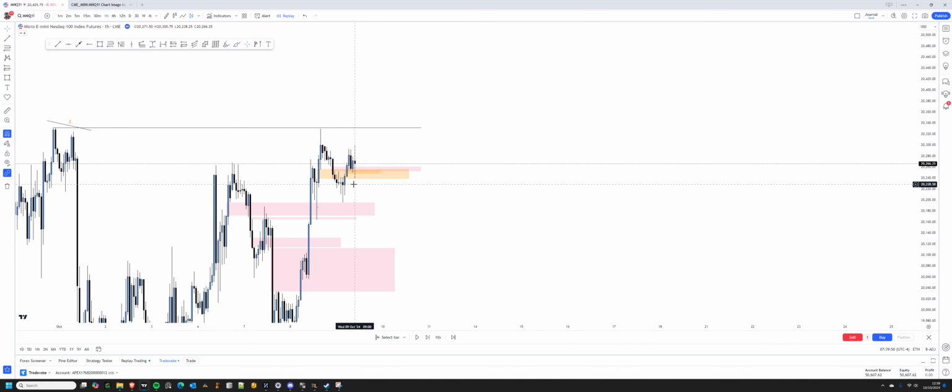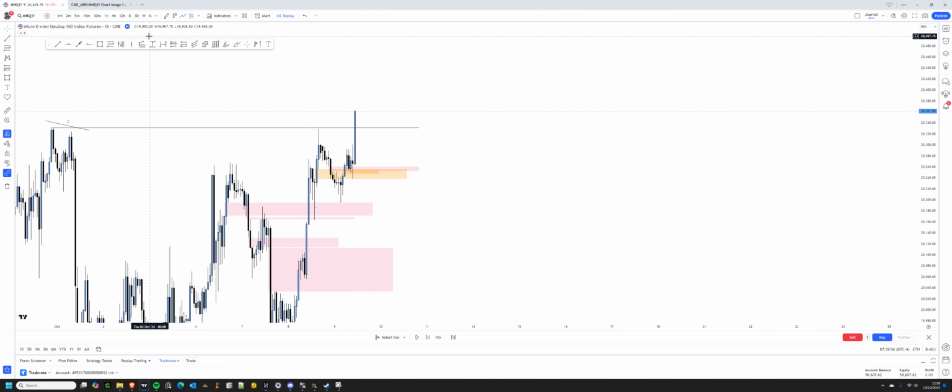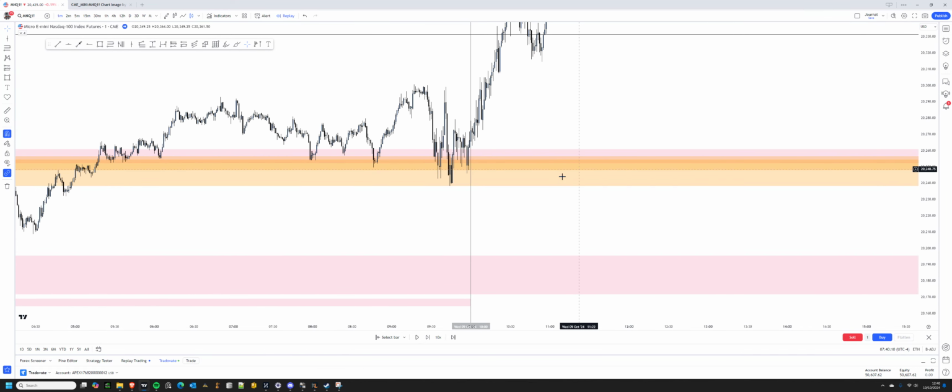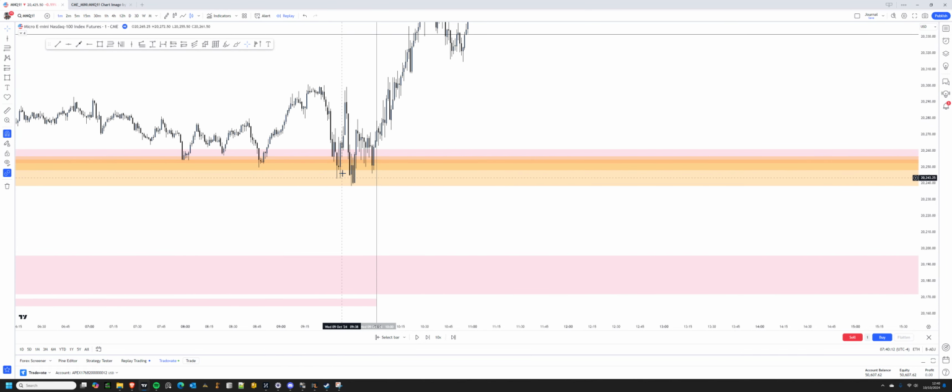So 9 o'clock has opened. We've come down into these levels. Moved up. So let's highlight the 10 o'clock candle. Go to the 1 minute. So here's the open.